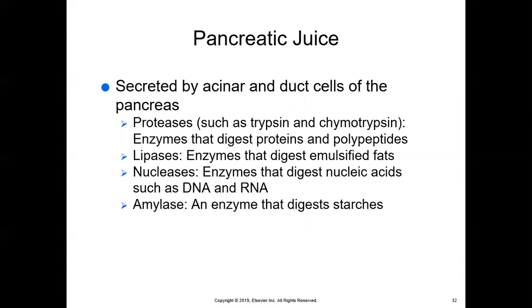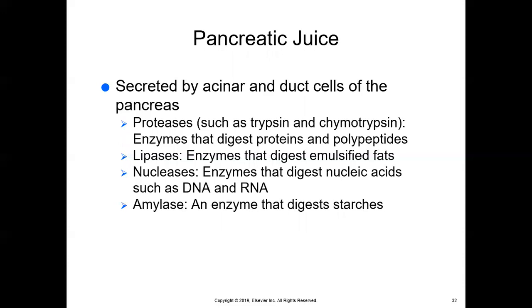Then also we have lipases, enzymes that digest emulsified fats. Fats will not be digested by the lipase of the pancreas until they're emulsified by the bile.